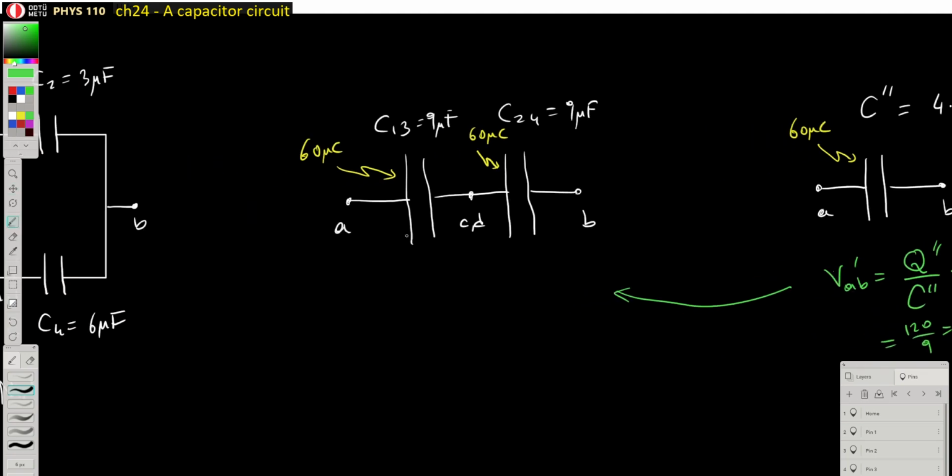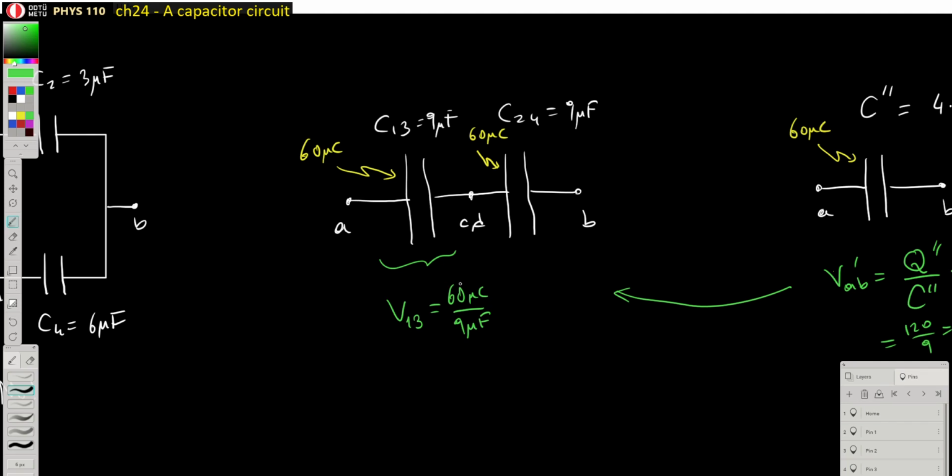So what about this? I have a 9 microfarad capacitor with a charge of 60 microcoulombs. So therefore, the potential drop in here, I think I'm going to call this V13. So that's going to be 60 microcoulombs divided by 9 microfarads.